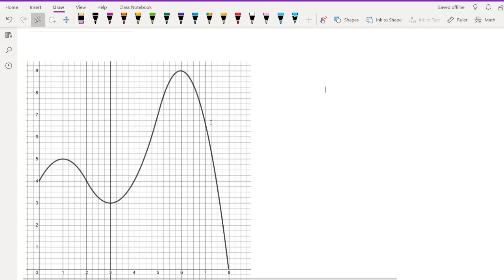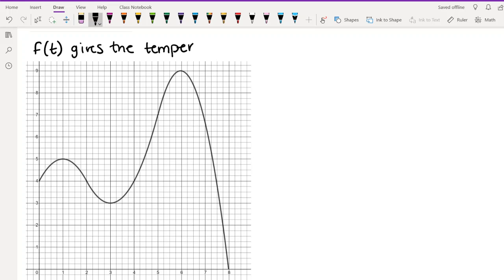Maybe let's say after 10 a.m. So this is a function that gives the temperature of a particular city t hours after 10 a.m.